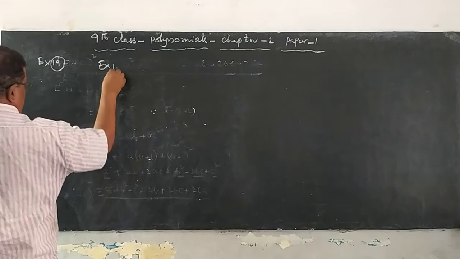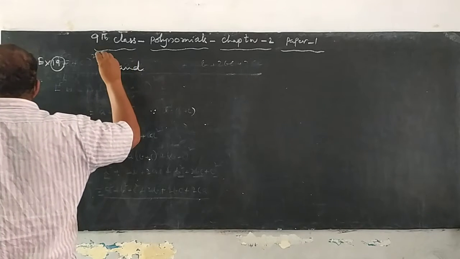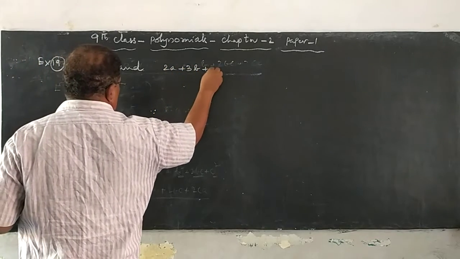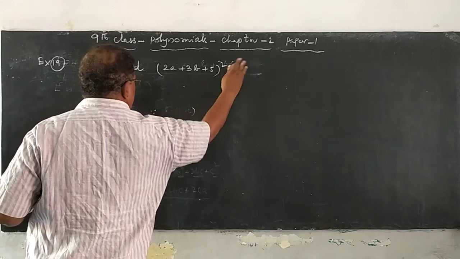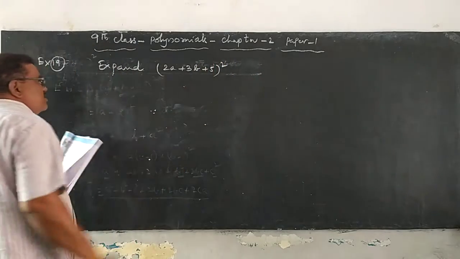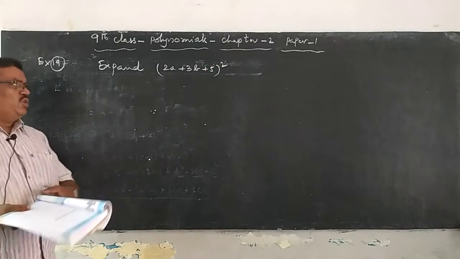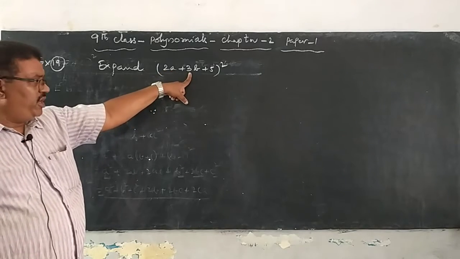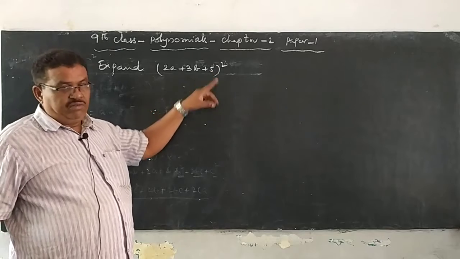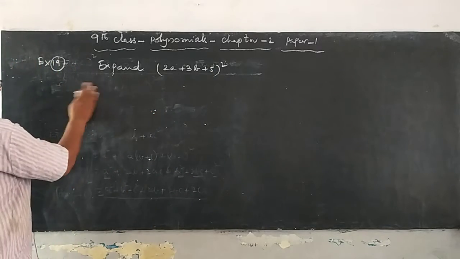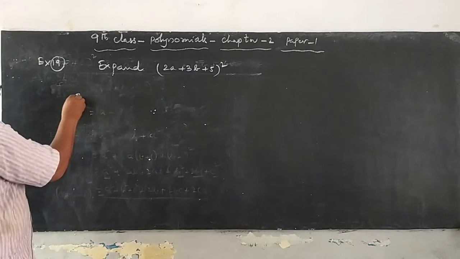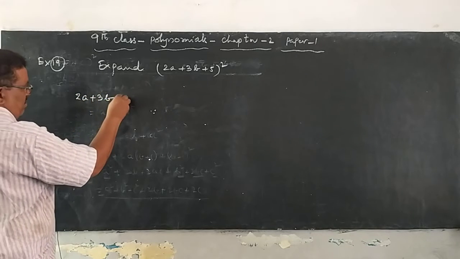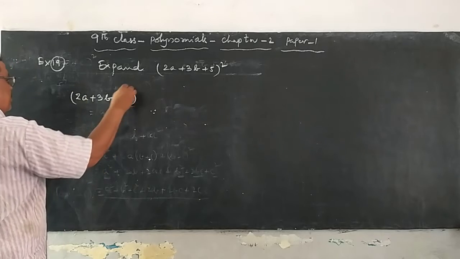Expand (2a plus 3b plus 5) whole square. Simple problem. In place of a we get 2a, in place of b we get 3b, in place of c we get 5. So using the proper identity we need to expand this one.